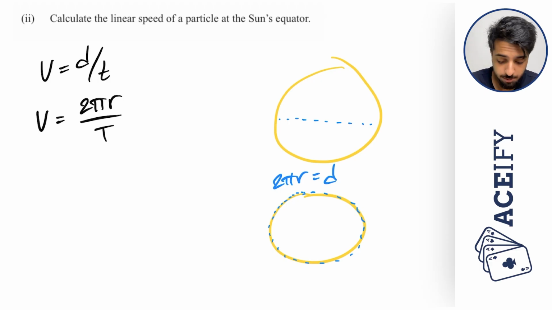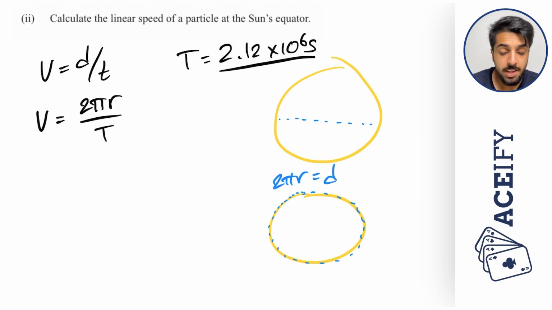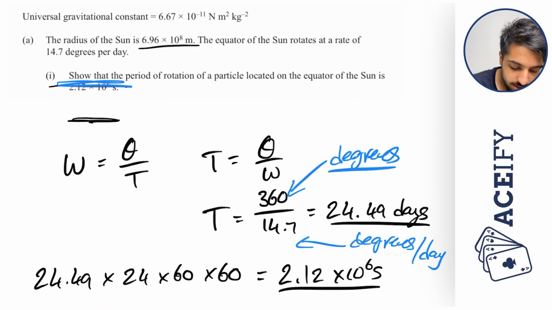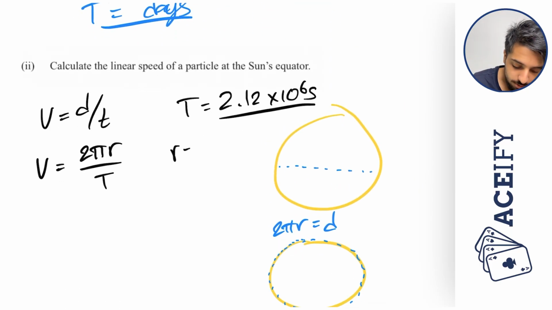Now we know our period, which is what we found in the previous question, is equal to 2.12 times 10 to the 6 seconds. As for our radius, it is given up here as 6.96 times 10 to the 8. So our radius is equal to 6.96 times 10 to the 8 meters.